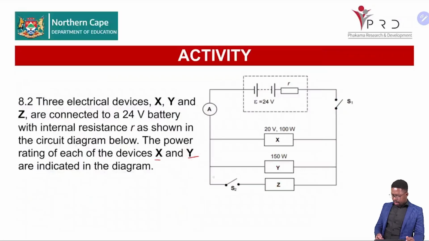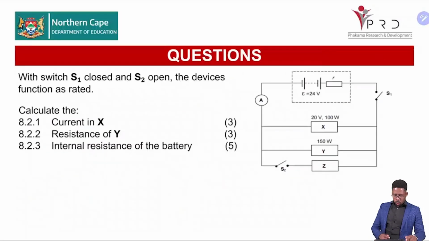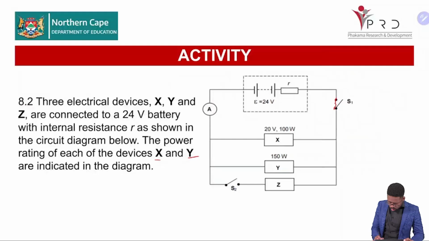And then the statement will continue and say, with switch S1 closed and switch S2 open, the devices function as rated. So S1 now is closed, I'm closing it, and S2 remains open.